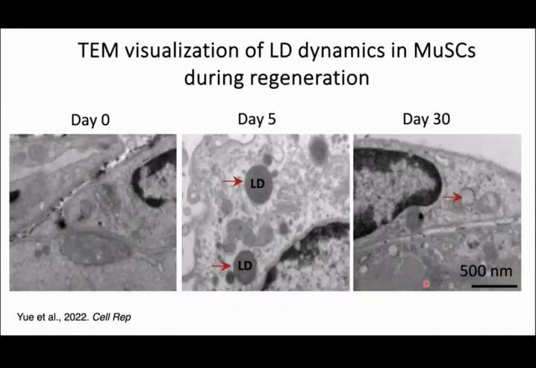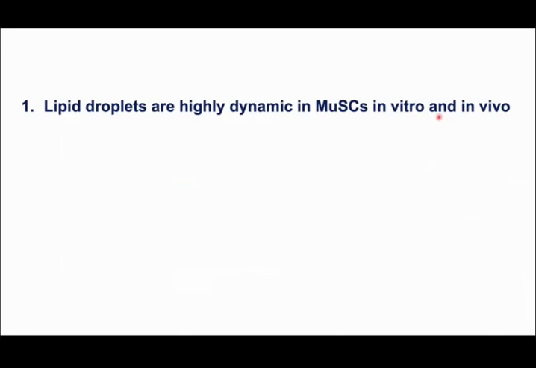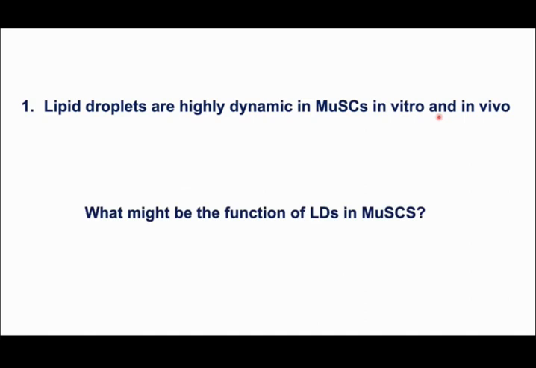And then we can also look at the cell under the electron microscope and see the actual lipid droplets in these satellite cells during the regeneration, but not before or after, okay? So what we're showing here is that lipid droplets are highly dynamic in vitro and in vivo.